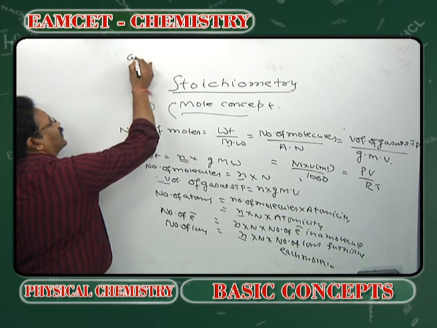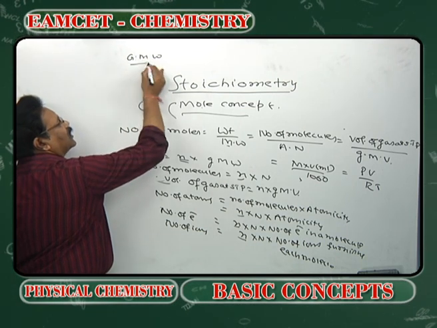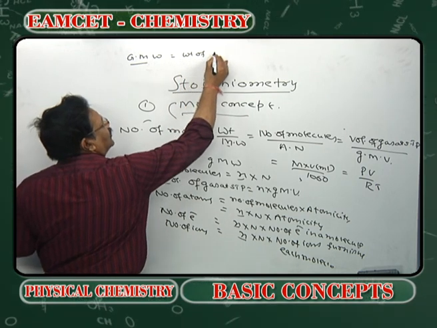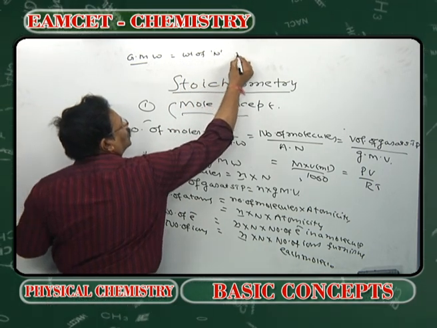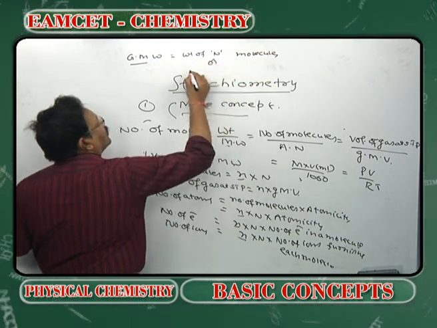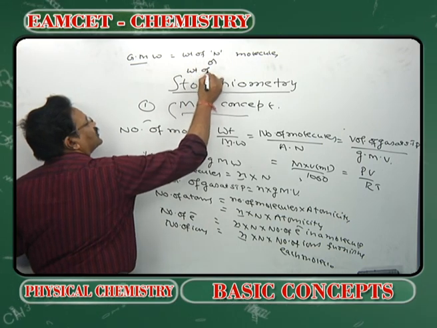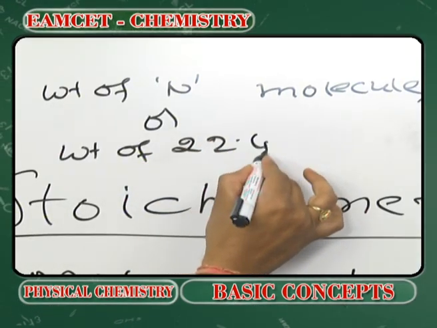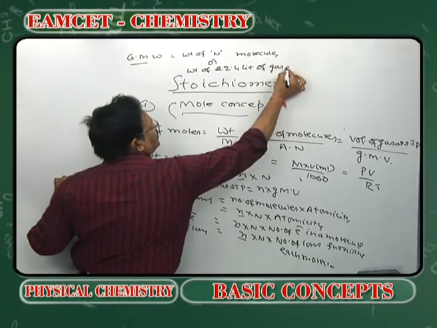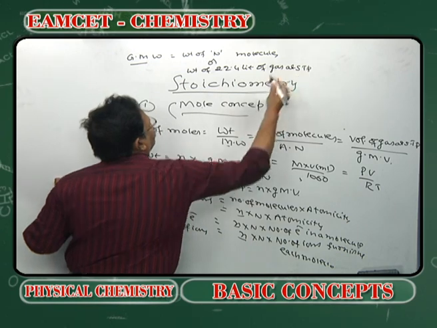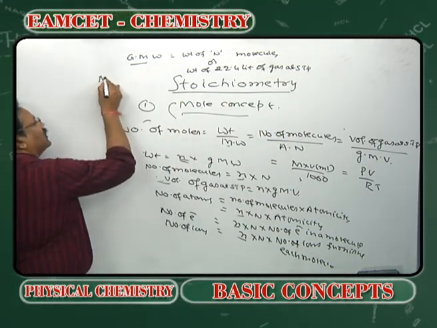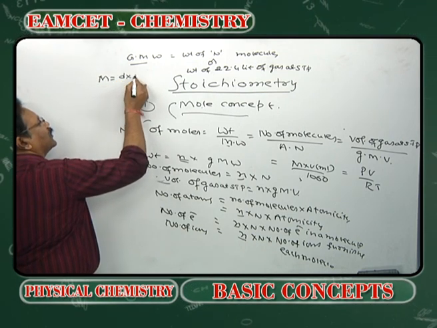So before going into the calculation of problems, what are the definitions of gram molecular weight? Weight of Avogadro's number of molecules, or weight of 22.4 liters of the gas at STP, or molecular weight is equal to density into 22.4.